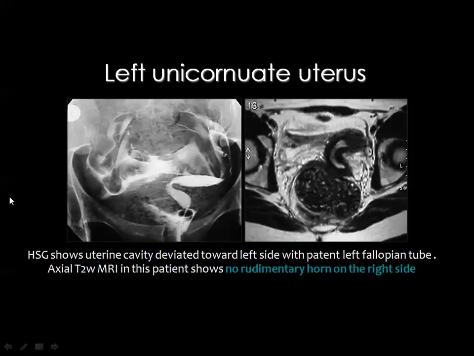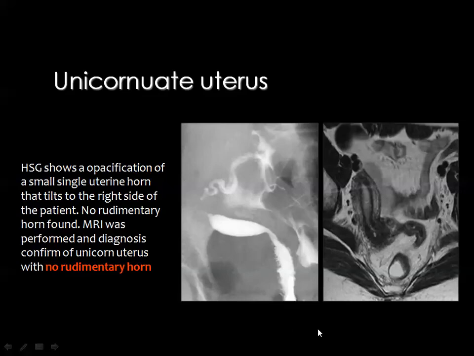In this case, by hysterosalpingography, you see a single uterine cornu, and by MRI, you see a single cornu. This is the rectum, which is distended by fecal matter, and you cannot appreciate the presence of another rudimentary cornu. And this is the same case. Here you see single cornu by hysterosalpingography, and you see the cornu well demonstrated by MRI T2-weighted image with no rudimentary horn.